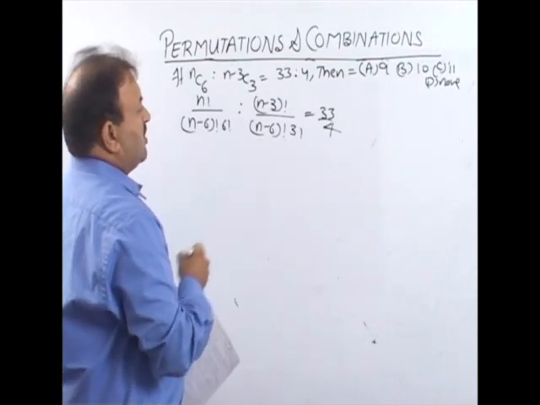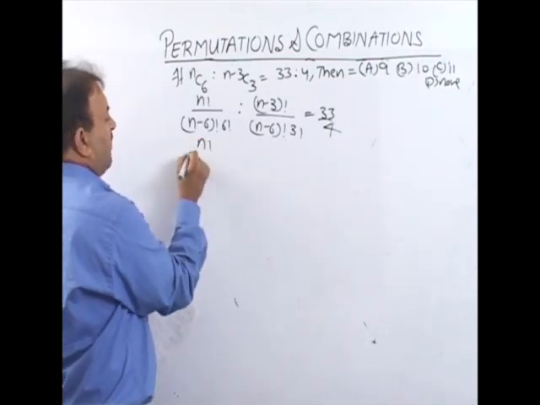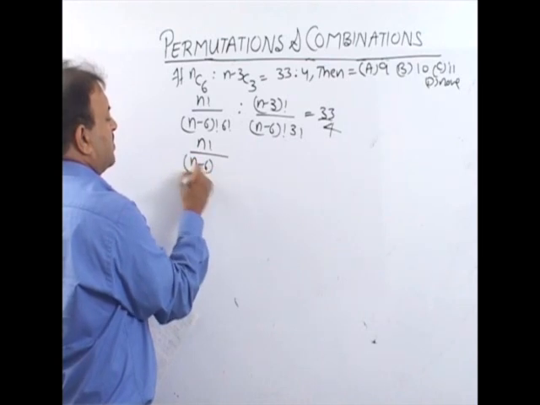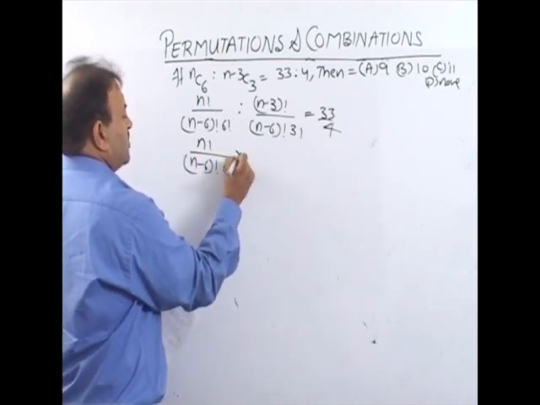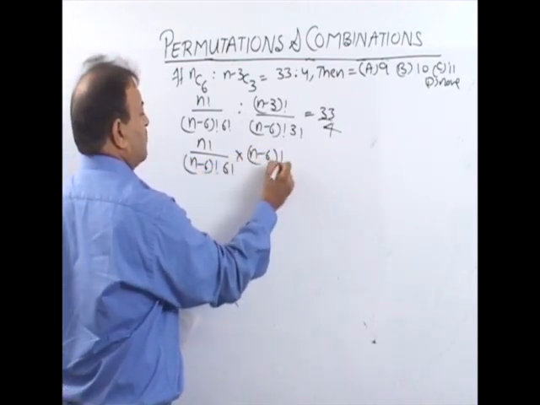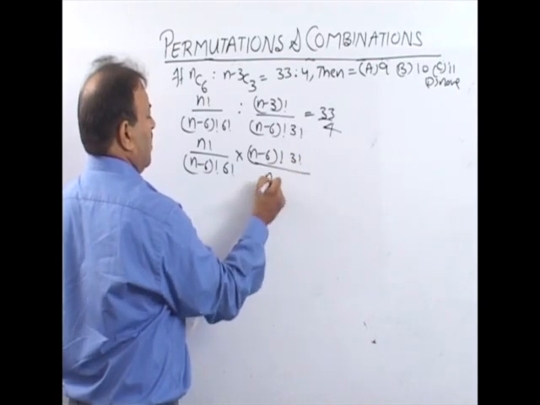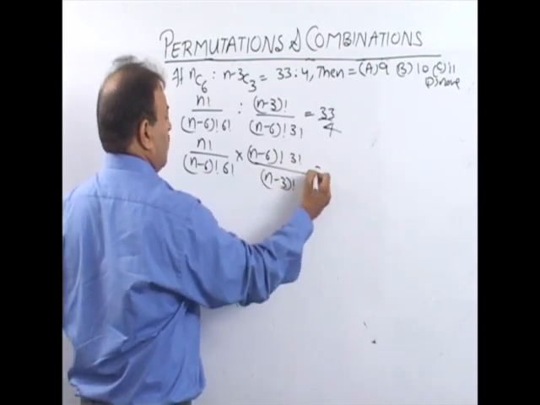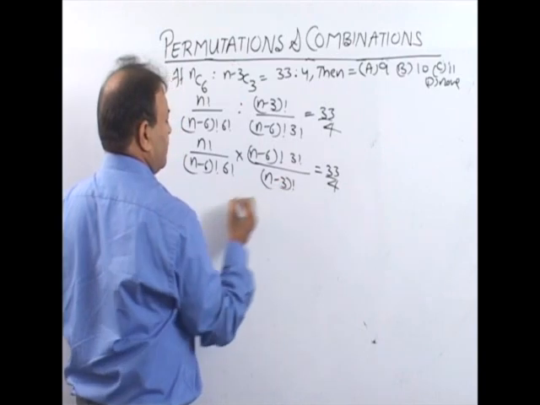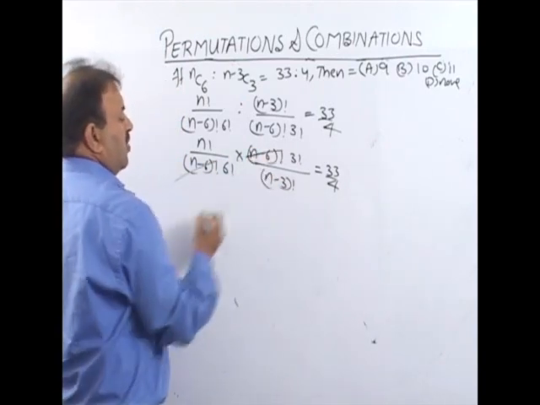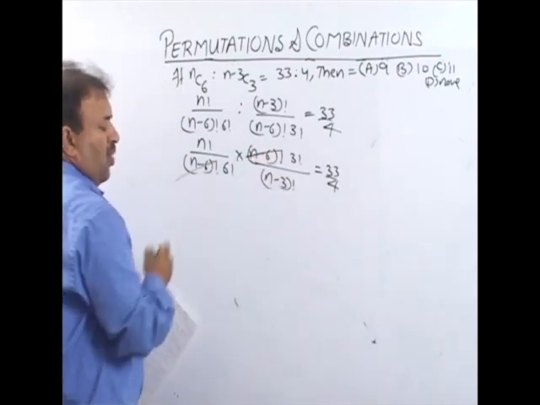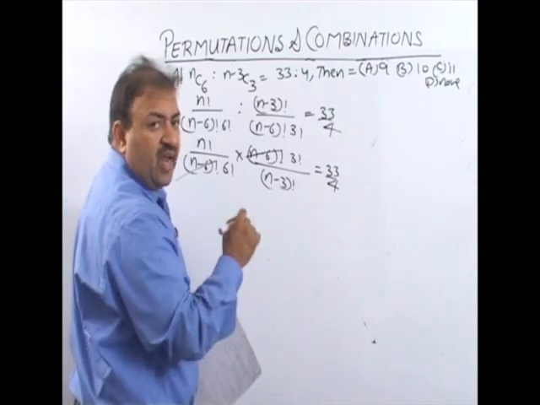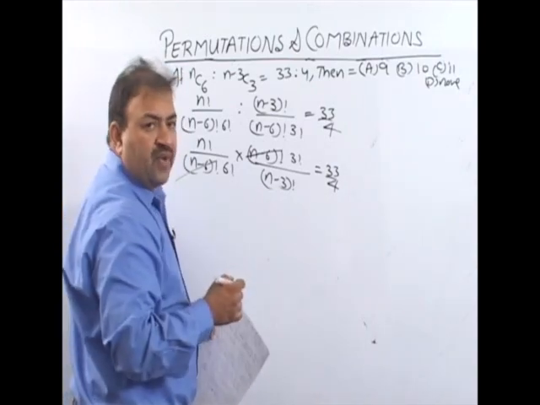Now जैसे पहले क्वेश्चन में हमने सॉल्व किया था, n factorial upon (n minus 6) factorial into 6 factorial, it is (n minus 6) factorial 3 factorial upon (n minus 3) factorial is 33 by 4. (n minus 6) factorial will be cancelled out. Now which is the greatest? It is n factorial or (n minus 3) factorial.